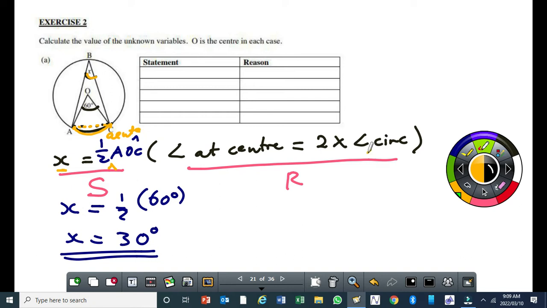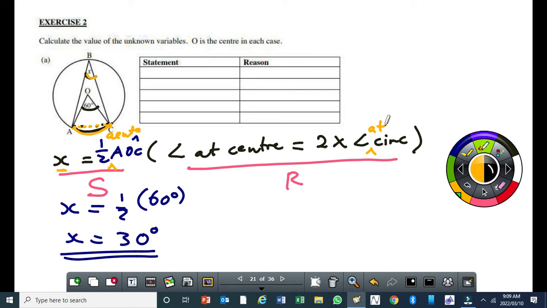The angle at the center is 2 times the angle at the circumference. And remember, the one angle must always be at the center, the other one must be at the circumference, and both angles must be subtended by the same chord or same arc.